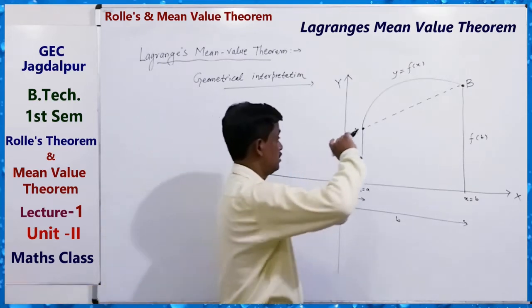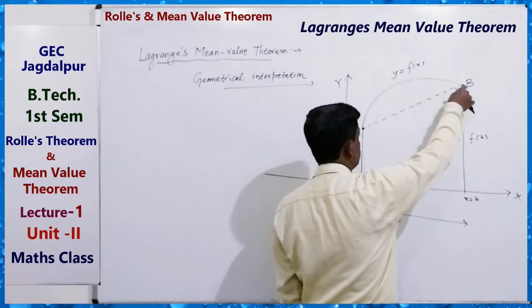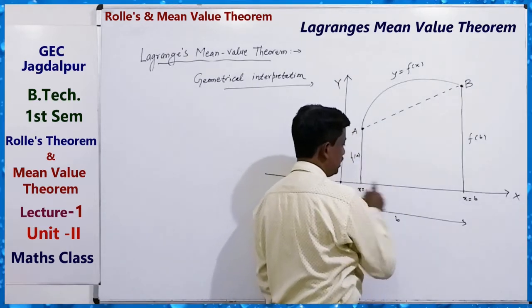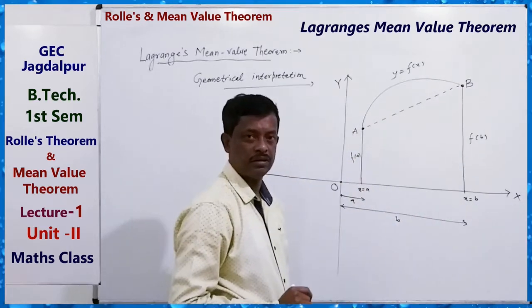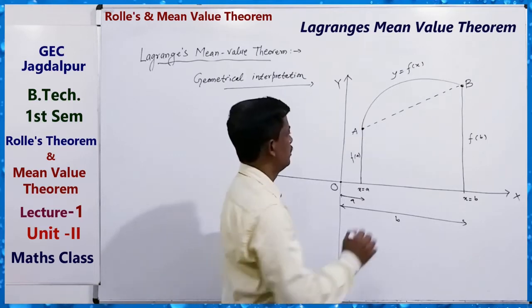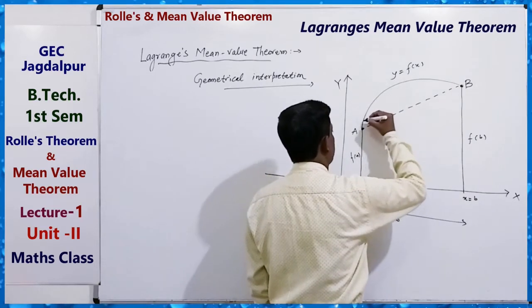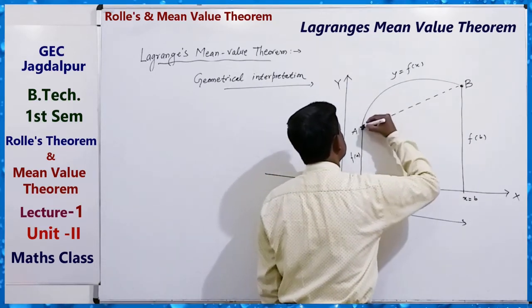And since curve is continuous from A to B, between A and B, at each point there are tangents.